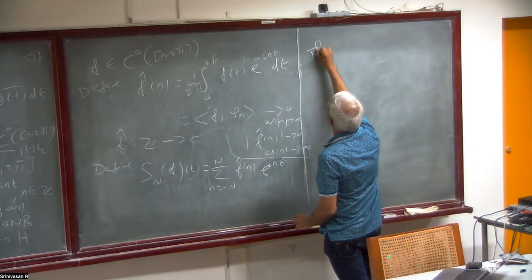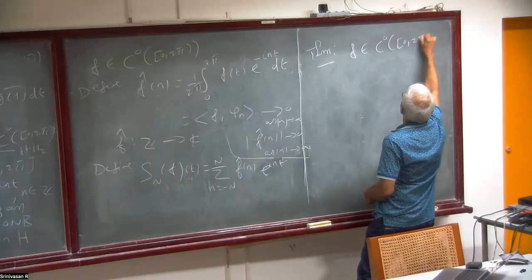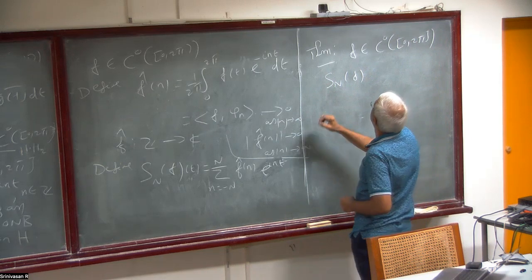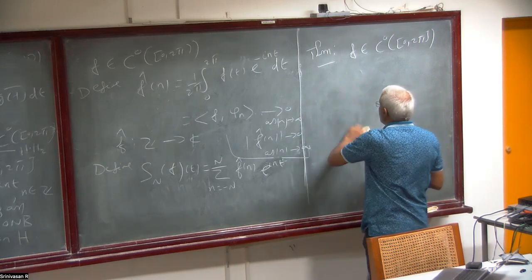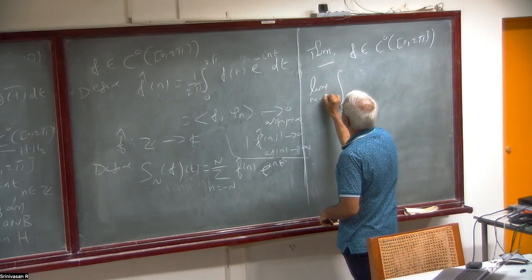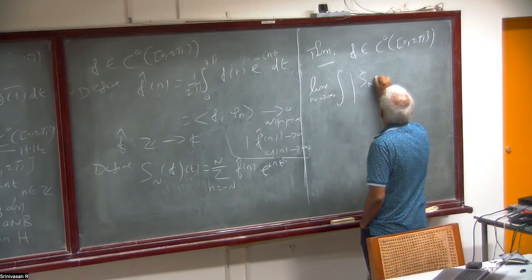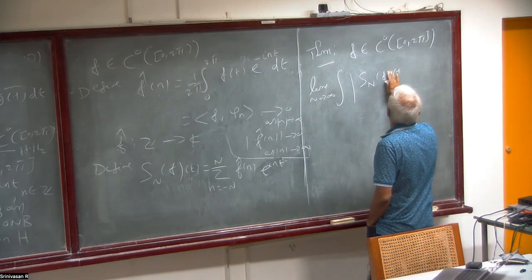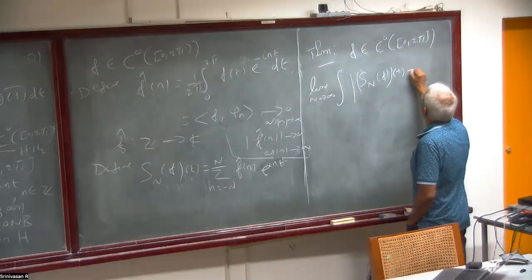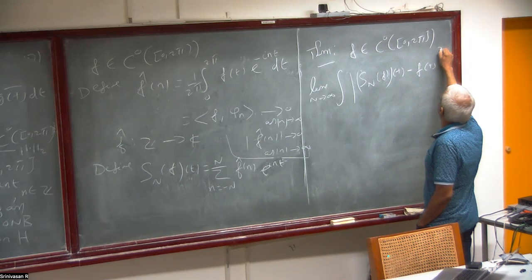Theorem. Then the integral, limit n going to infinity, of mod of Sn f at t minus f of t, whole squared, goes to 0.